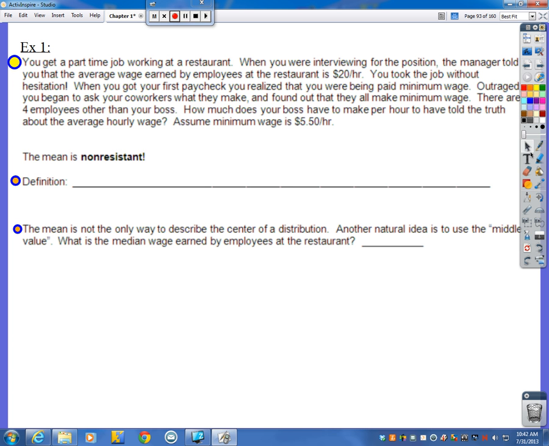All right, so how we would set this up, just think about this. You know what four people make. You've got four people making $5.50 each, plus you've got your boss and you don't know how much he makes. But if you were to divide all of that money by the 5 people working at the restaurant, the 4 employees and the boss, that average should come out to be what the boss originally told you, $20.